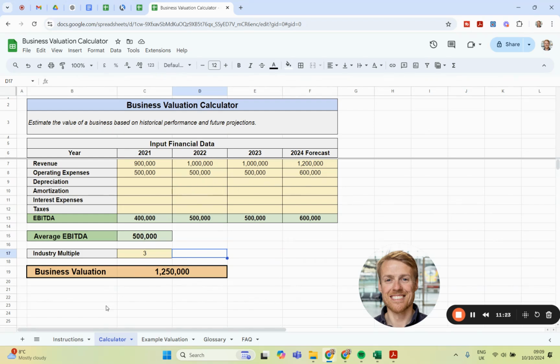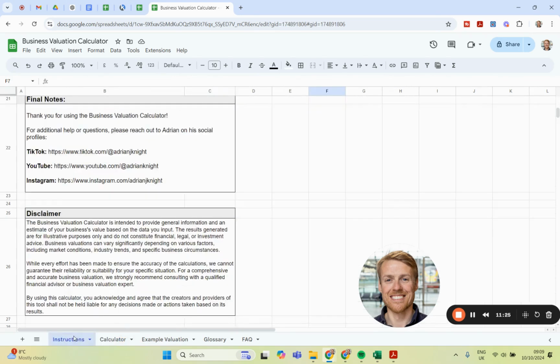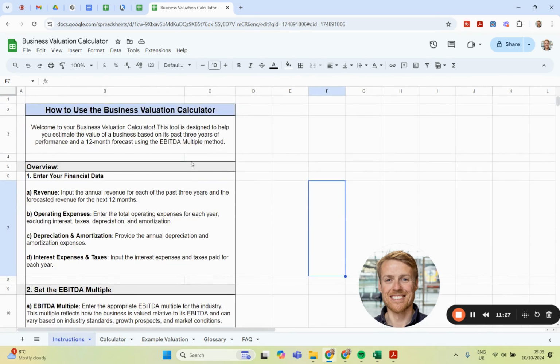The final thing I'm going to say on this is that this valuation calculator is based on an EBITDA multiple method. There are many ways that you can value a business. The method you use does change from business to business, sector to sector.